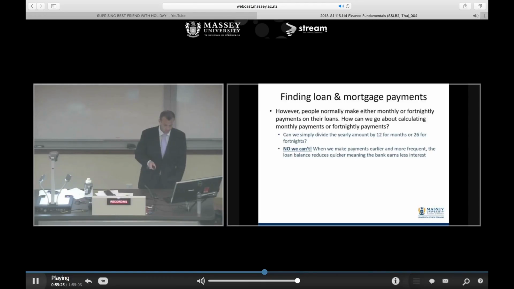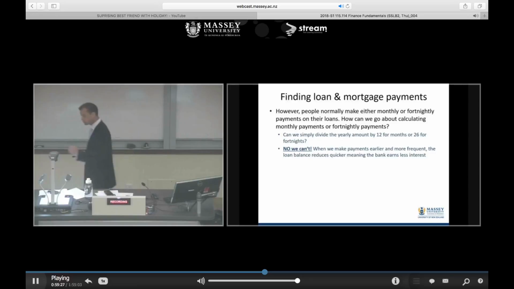And the reason why we can't do that is because we are paying it off sooner, only a little bit, but we're paying a little bit off sooner after 1 month. That means the bank has less opportunity to earn interest. So that means their return is less, which means our payments should be smaller.